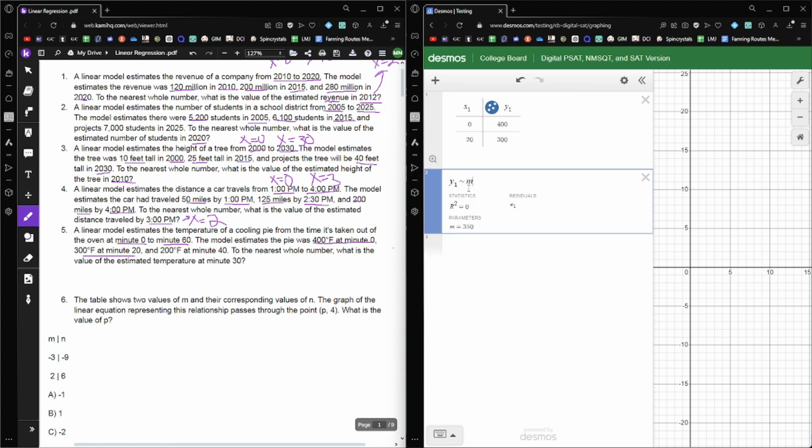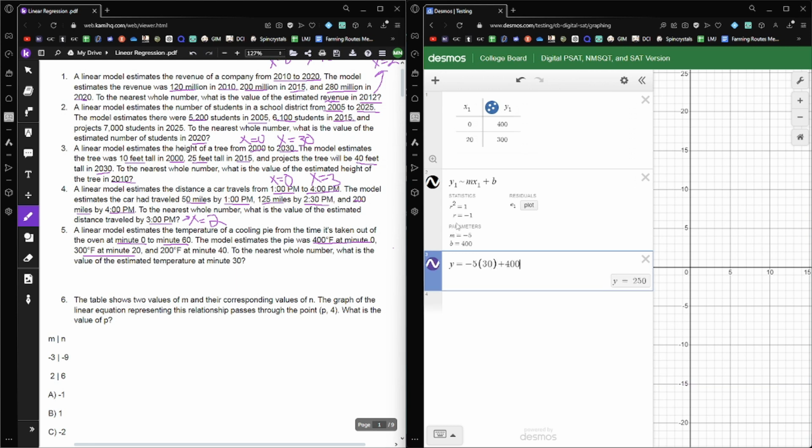Let's put in our regression equation now, and we get that. This time around, I'm changing things up. y equals -5, and x would be minute 30, plus 400. So our answer would be 250 degrees. It would be 250 degrees Fahrenheit at minute 30.